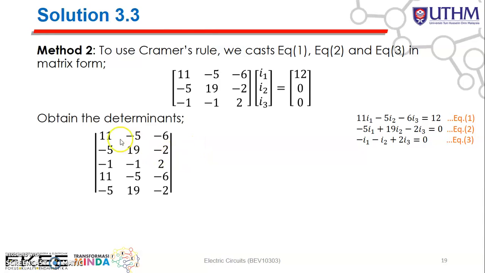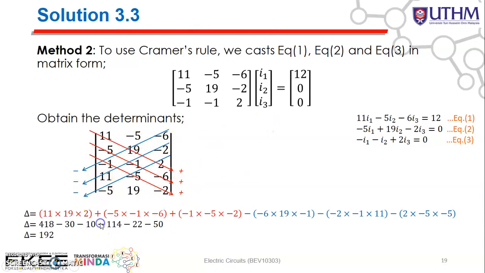So how to find the determinant? You just do the cross multiplication. So here the diagonals 1, 2 and 3 minus 1, 2 and 3. Okay, so let's do the calculation. The value of delta is given by 11 multiplied with 19 multiplied with 2, plus negative 5 multiplied with negative 1 multiplied with negative 6, plus negative 1 multiplied with negative 5 multiplied with negative 2.